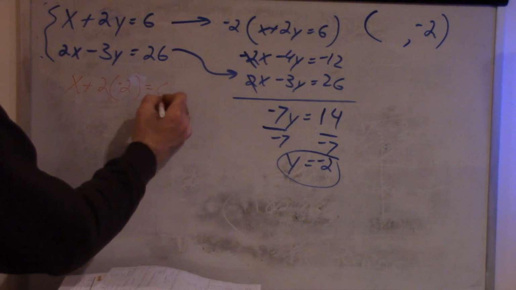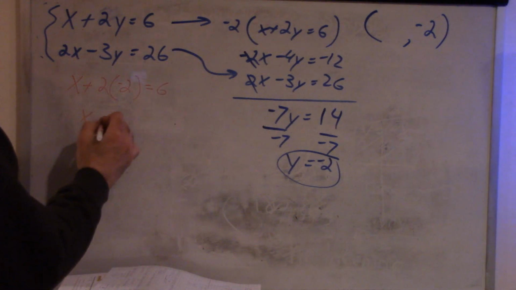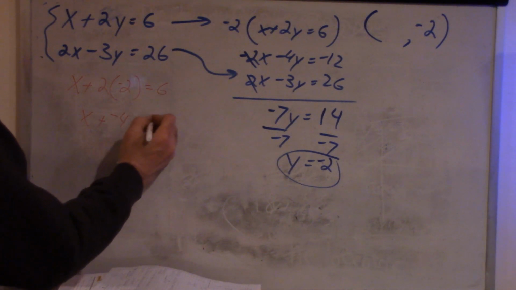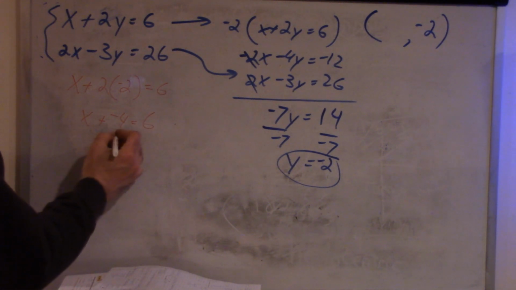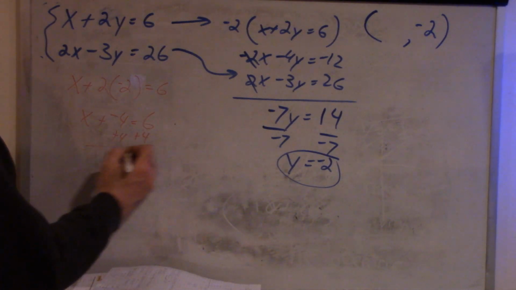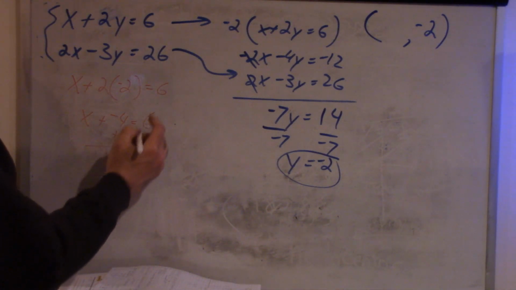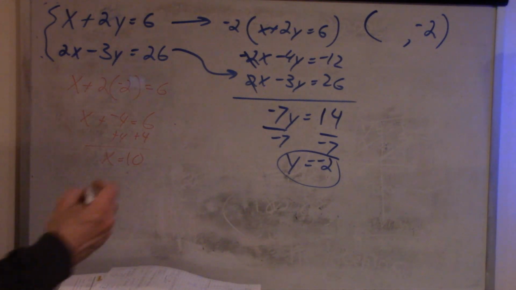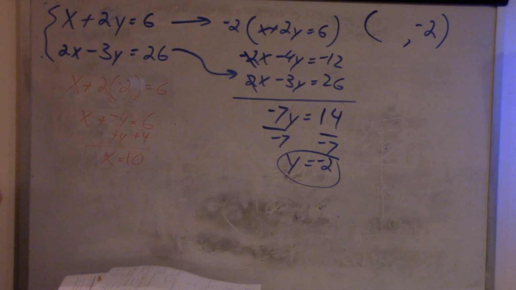Equals 6. x plus, well, what's 2 times -2? -4 equals 6. Add 4 to both sides. x equals 6 plus 4 is 10. So our x value is 10.